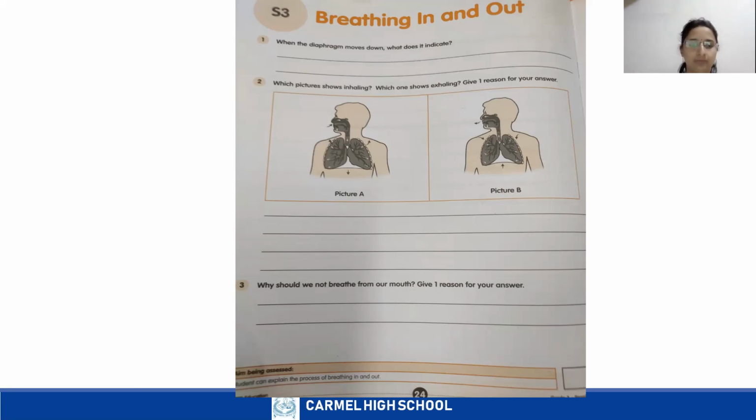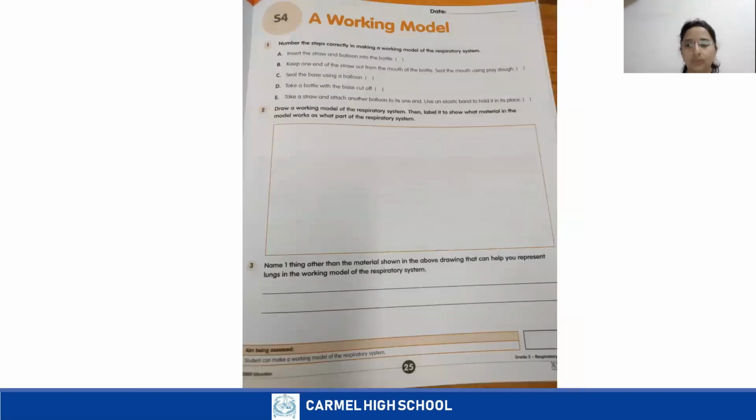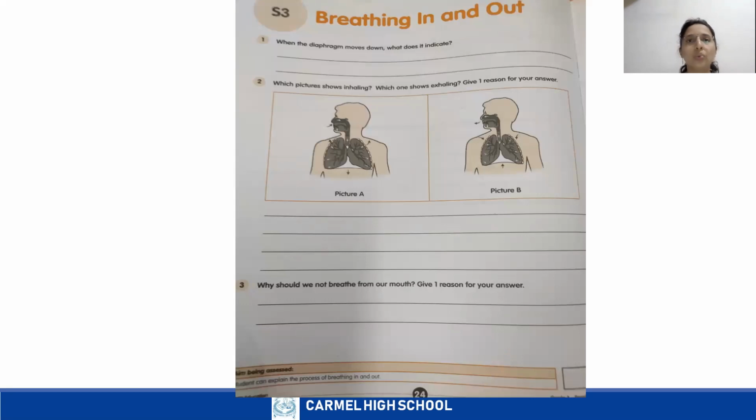Okay, written. Our next question is, which picture shows inhaling? Which one shows exhaling? Give one reason for your answer. They have shown us picture A and picture B. You see the arrows and then write, okay?